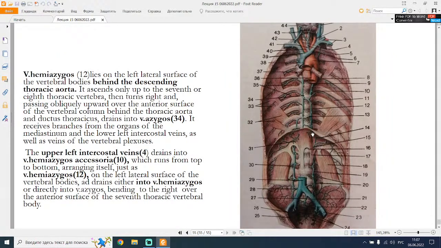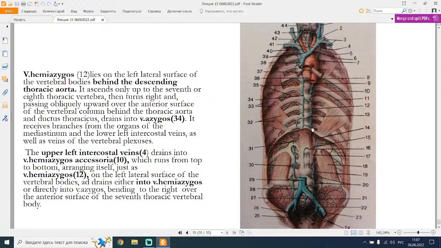Vena hemiazygos lies over the left lateral surface of the vertebral bodies behind the descending thoracic aorta.